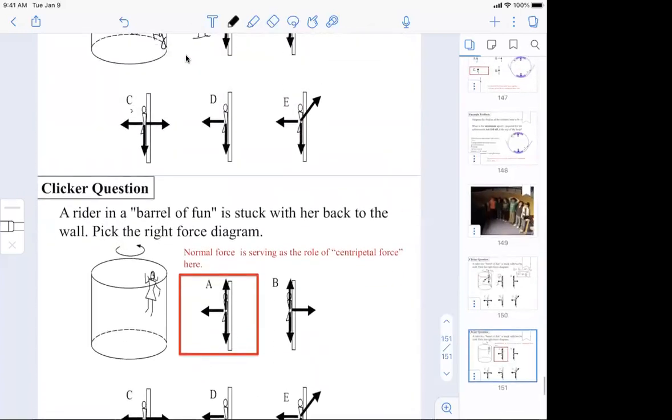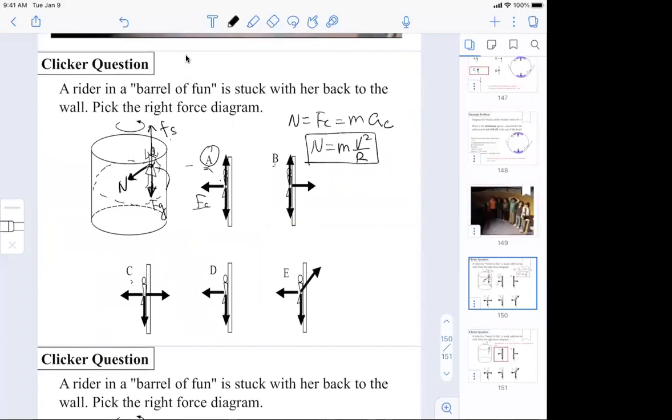All right, so one of the questions in your homework is asking, what is the minimum coefficient that's required? This is Newton's second law applied one time, right? Newton's second law applied in the vertical direction: friction minus mg is 0, cancels gravity. So friction has to equal gravity.